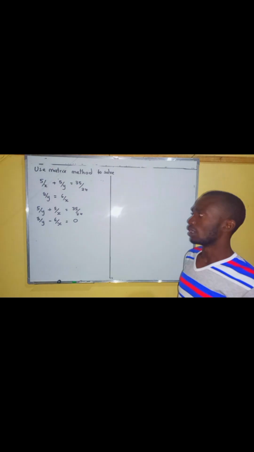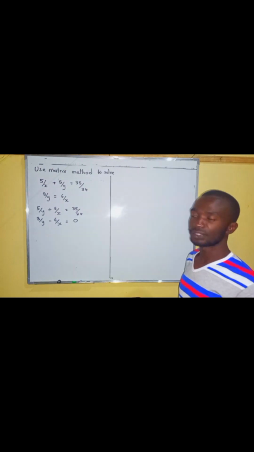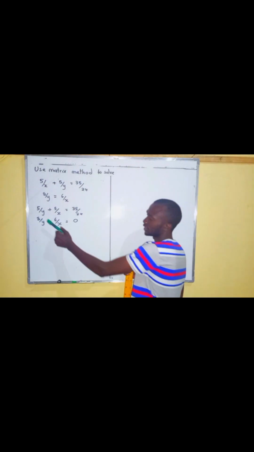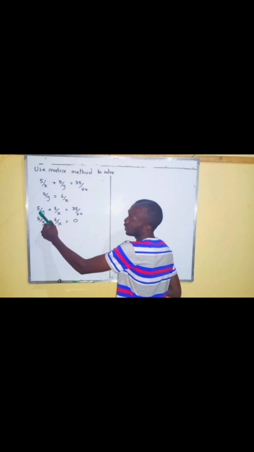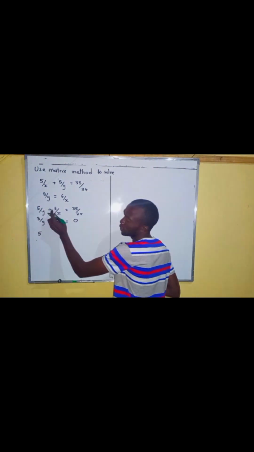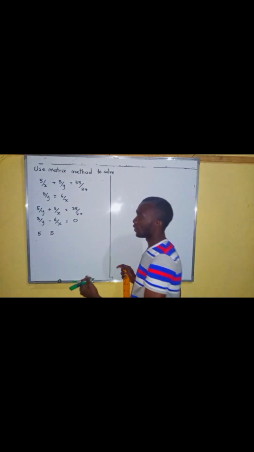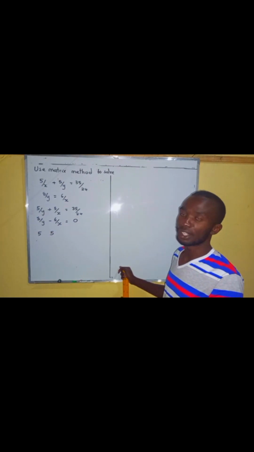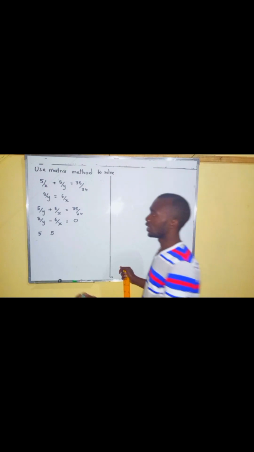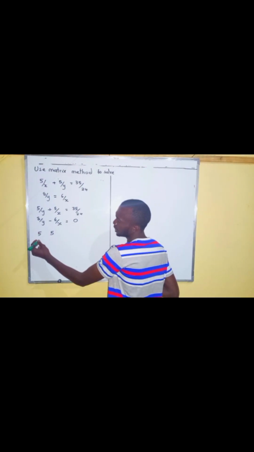Now, the numbers on the left hand side with the unknown terms are the coefficients of x and y. In the first equation, the coefficient of 1 over y is 5. Then the coefficient of 1 over x is 5. Then the coefficient of 1 over y in the second equation is 8.